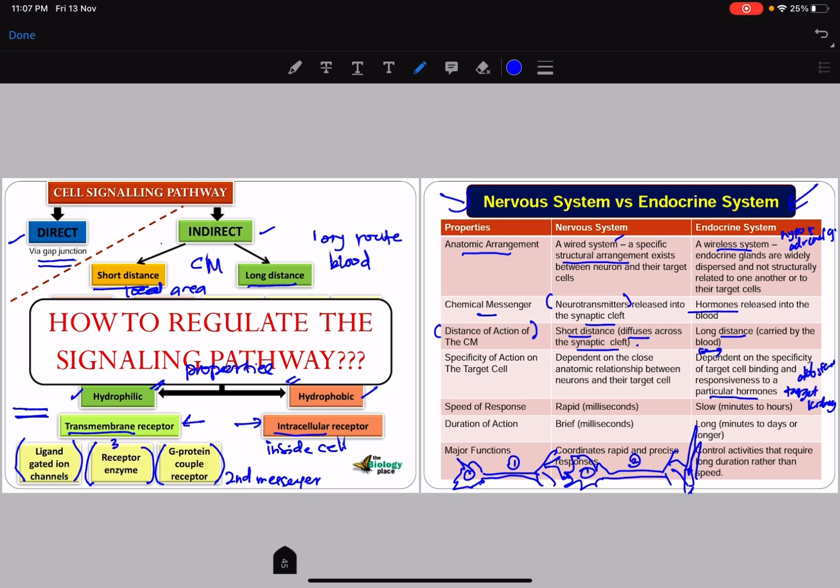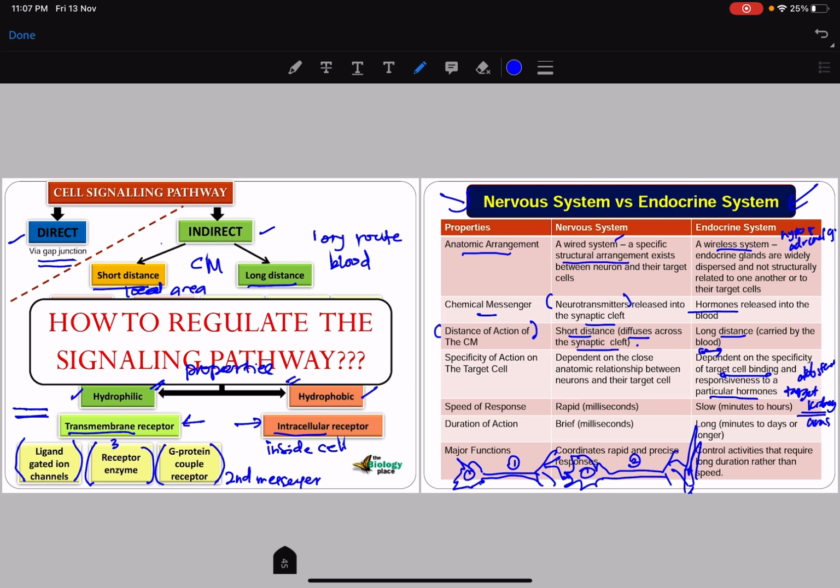If aldosterone travels to, let's say, the arms, nothing happens. It is dependent on the specificity of the target cell binding. Receptors for aldosterone are present at the kidney cells.